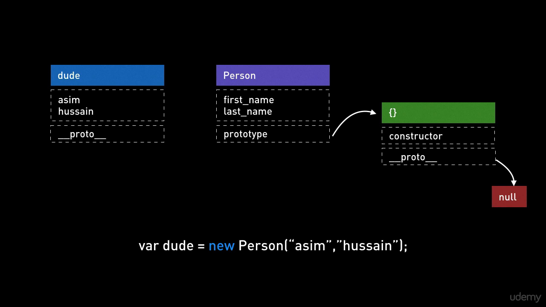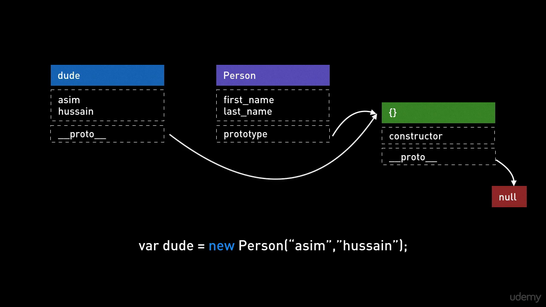So back to the question: what does the __proto__ property of our dude instance point to? What do you think it points to? Honestly, think about it for a second. I'm going to give you 5 seconds to think about it. So the answer is it actually points to the person prototype object.